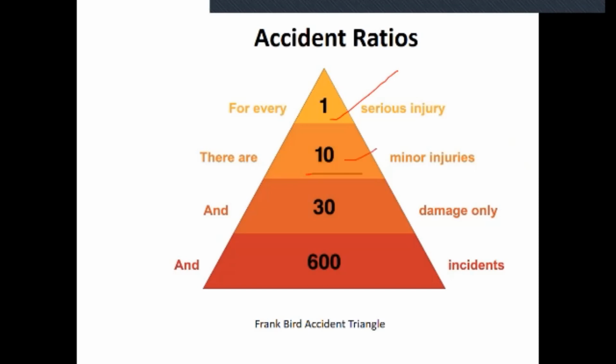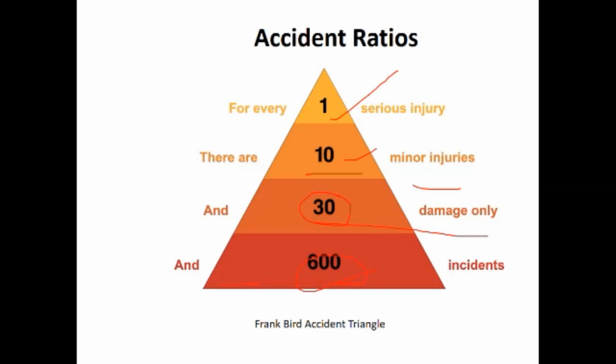One serious injury means automatically at that location 10 minor injuries happen, and at that location nearly 30 damages are there, maybe in case of any breaks or machinery, 30 damage only, and at that location nearly 600 incidents happen. Incidents are nothing but minor events, simply the incidents only, not the accidents. So 600 incidents means one serious injury indicates nearly 10 minor injuries and 30 damage only. This accident ratio is explained simply.